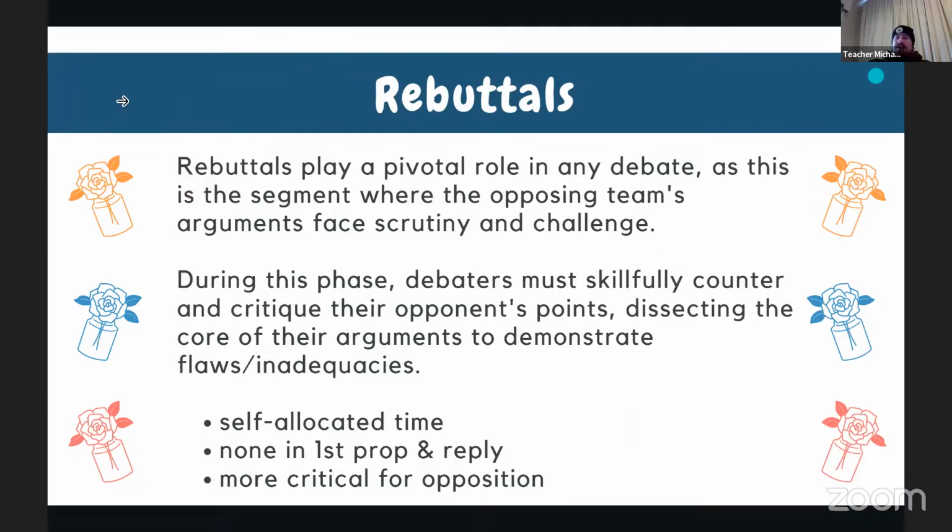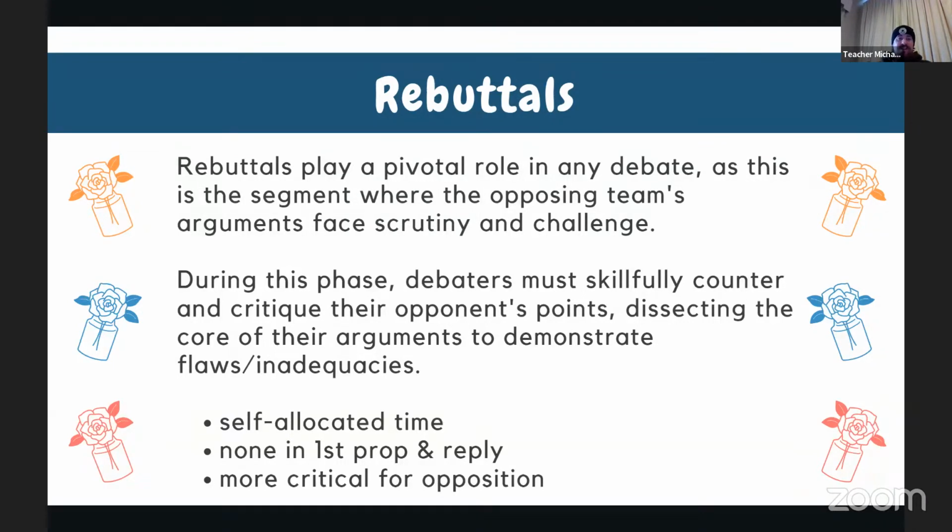So rebuttals play a very pivotal role in any debate because this is the part of the debate where teams get to challenge the arguments of their opponents. They get to put those arguments under scrutiny. During this phase, debaters must skillfully counter and critique their opponent's points, dissecting the core of their arguments to demonstrate their flaws and inadequacies.